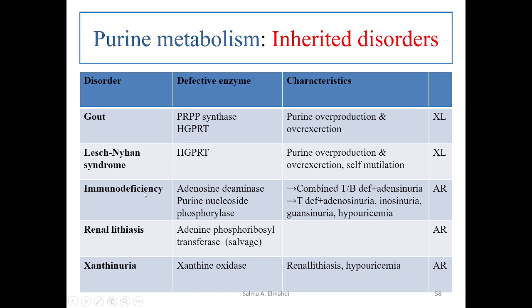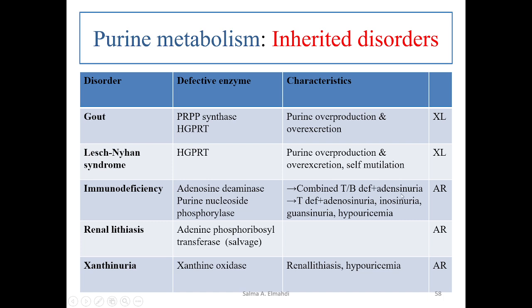Next are ADA deficiency and PNP deficiency, adenosine deaminase and purine nucleoside phosphorylase. These enzymes are needed for both T cells and B cells. Adenosine deaminase, if it is deficient, will result in a combined T and B cell deficiency plus adenosinuria.